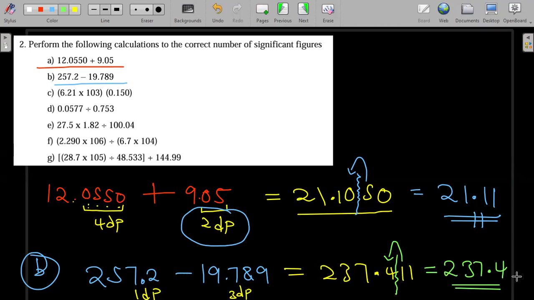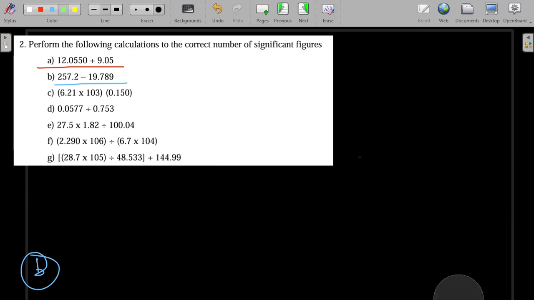So that's basically what you do when you're adding or subtracting. Your answer should have the same number of decimal places as the number with the least number of decimal places. All right. So now let's look at the ones that are involving multiplication or division.